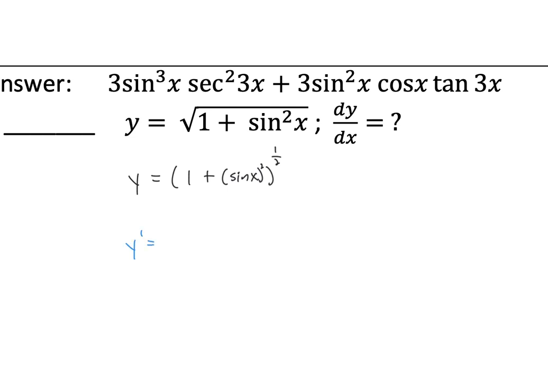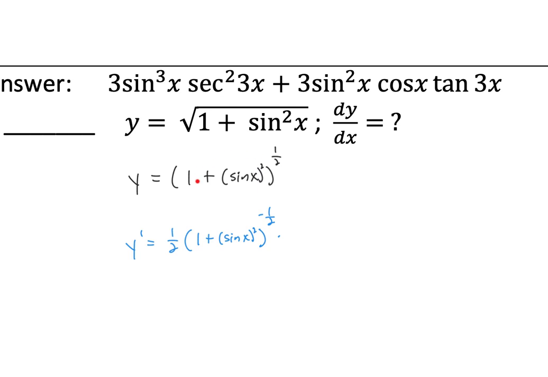Okay, so the overall outside function is just x to the 1/2. So we're taking the derivative of that, that'll just be 1/2 and then something to the negative 1/2. But we're going to keep the inside function exactly how it's written in the first step. Now we're going to times this by the derivative of the inside function.